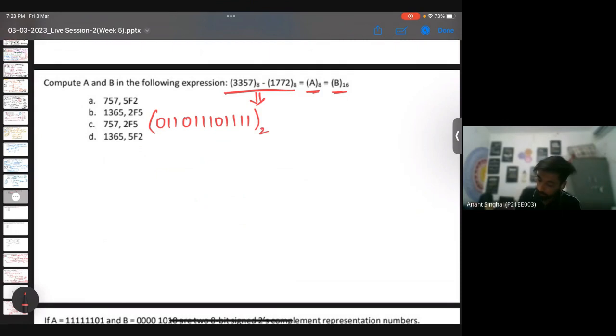This is the binary equivalent, and then minus 001, then 7 is 111, then again 111, and then 010.